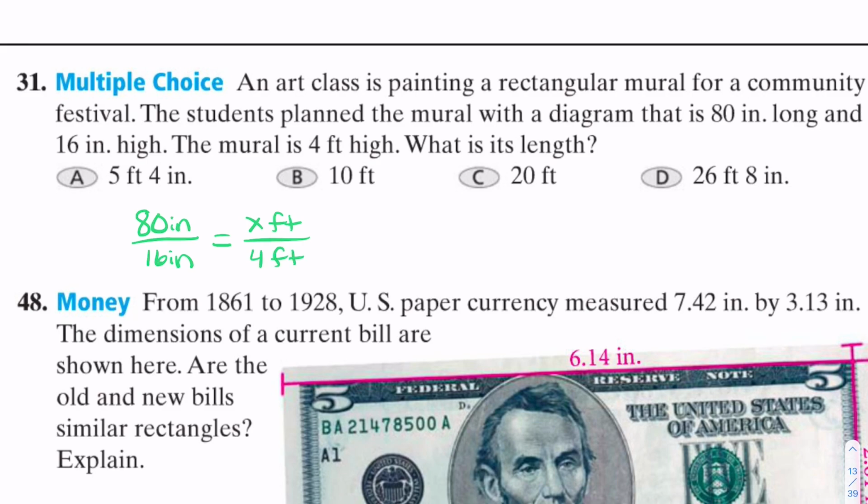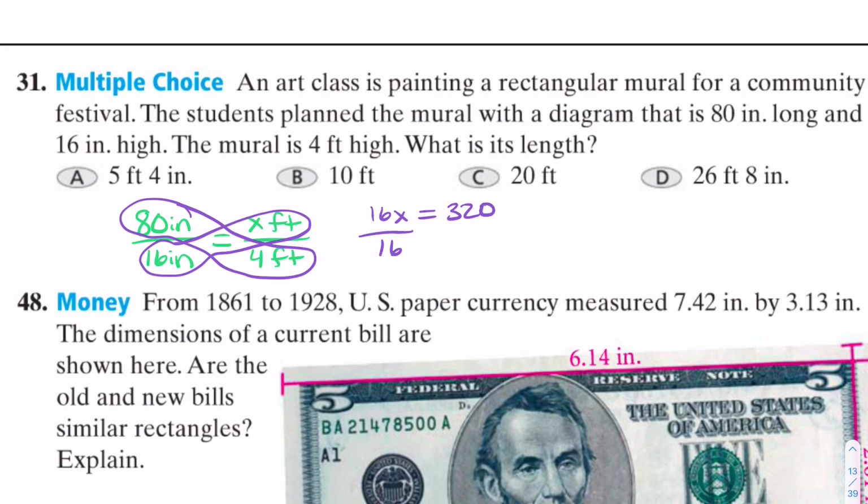Again, I'm comparing inches to feet here, but as long as it's a proportion, it's okay. We know the answer will be in feet. So we get 16x equals 80 times 4, which is 320. Divide both by 16. x is equal to 20. It has to be 20 feet.